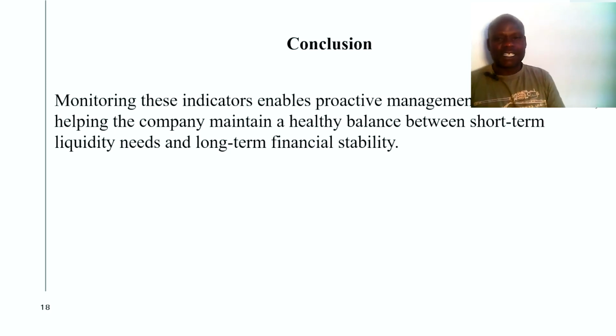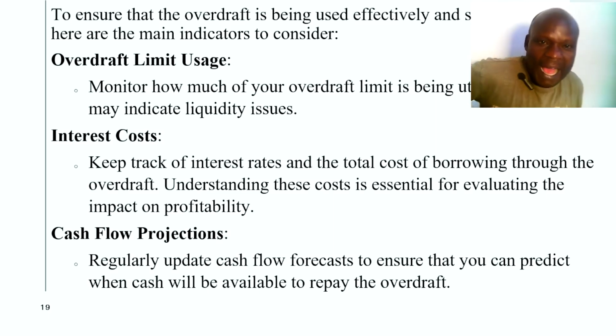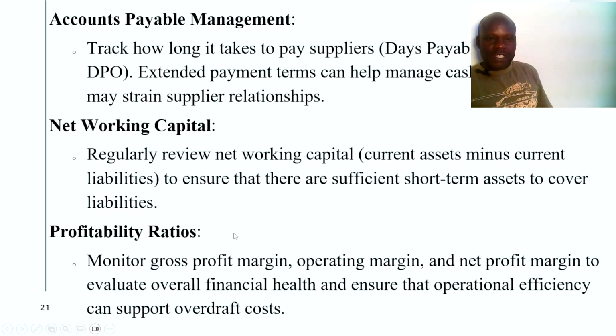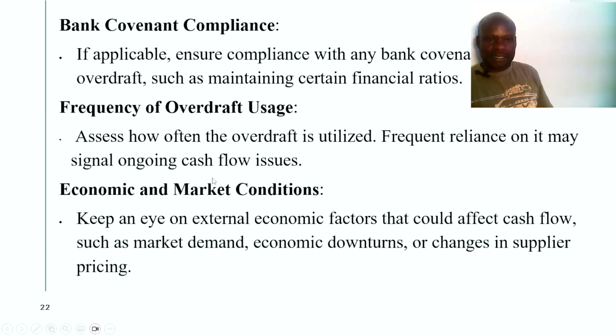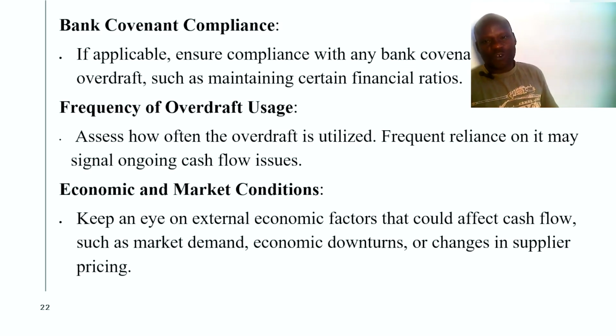Conclusion: monitoring these indicators enables proactive management of the overdraft, helping the company maintain a healthy balance between short-term liquidity needs and long-term financial stability. To ensure that the overdraft is being used effectively and sustainably, here are the main indicators, as we had said. So these I've discussed, and it's just a way of assessing how often the overdraft is utilized, that we have considered.